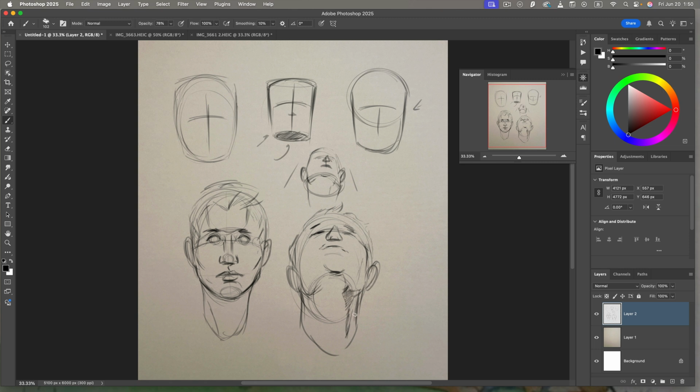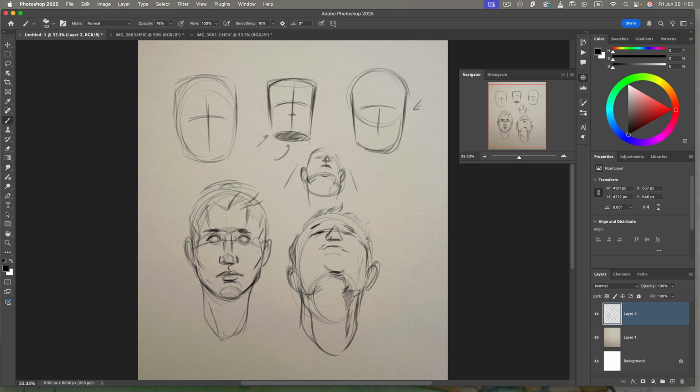All right, so roughly speaking, here's somebody. I'll just block in a little bit of the hair here just for some contrast, right? But I think you get the idea.